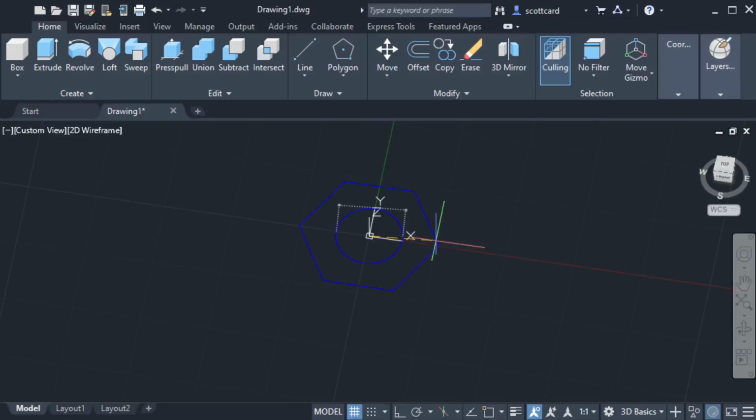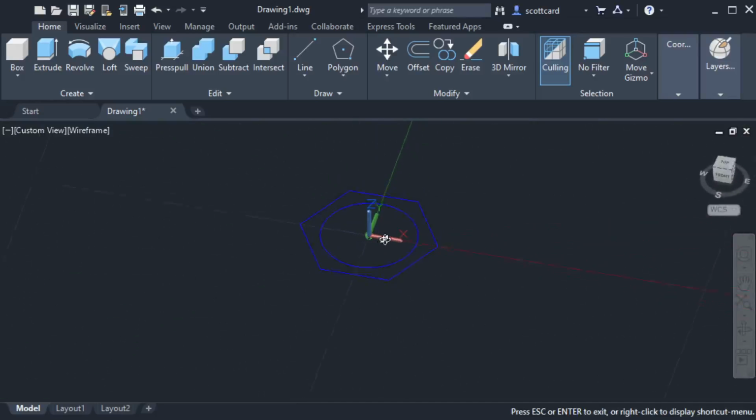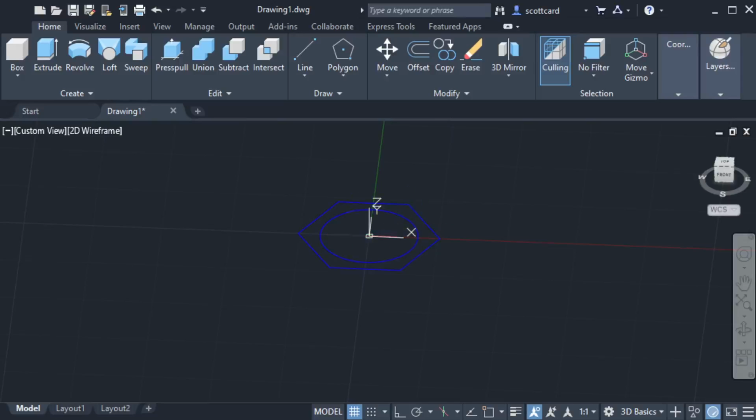So in this case, 18 millimeters divided by 25.4 gives me an answer of 0.709 inches. And this is reasonable so far. We can accept this. And so now I'm just going to extrude these two objects.